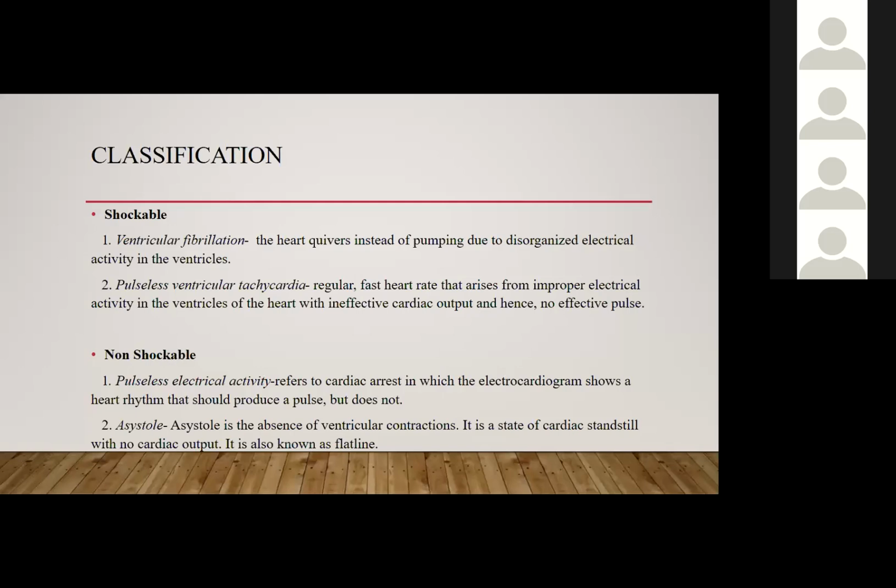It means that that type of cardiac arrest was amenable to electrical shock. As soon as we shocked, you came back to life. So we say you've had a shockable cardiac arrest.